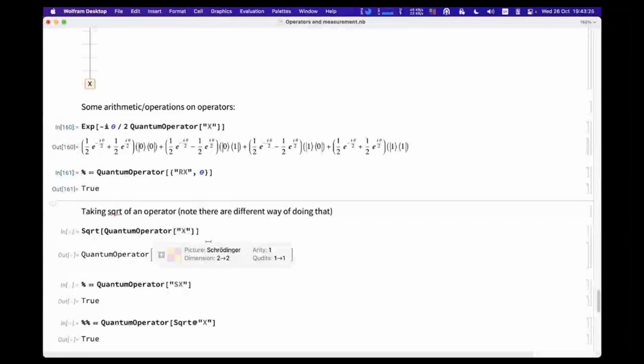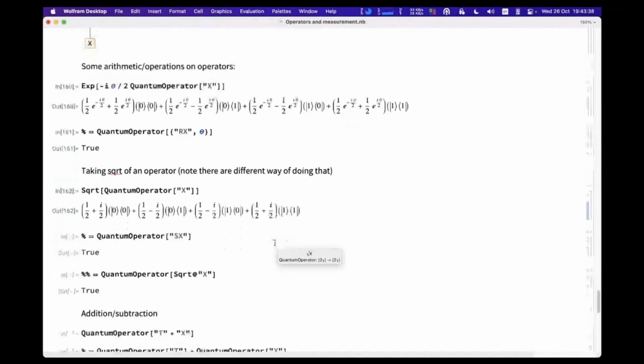Which one you want to use is case by case. For some operations there are different ways of implementing them. Here we are adding a square root on top of your quantum operator, or you can use the built-in operator SX. We also have V, if I'm not mistaken.